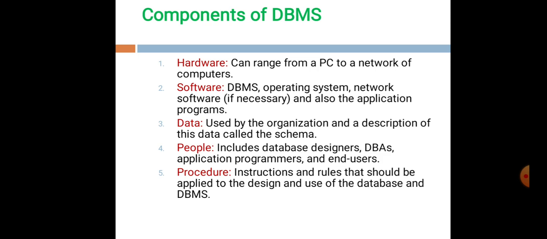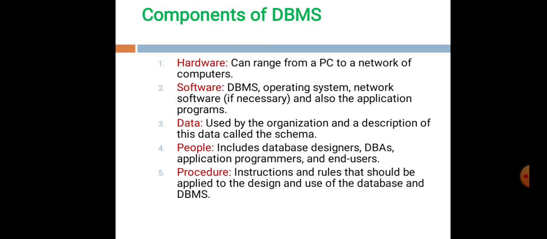Components of DBMS: hardware, software, data, people, and procedure. Hardware can range from a PC to a network of computers. Software: it uses the DBMS software, operating system, and network software. Data is used by the organization, and the description of this data is called a schema.